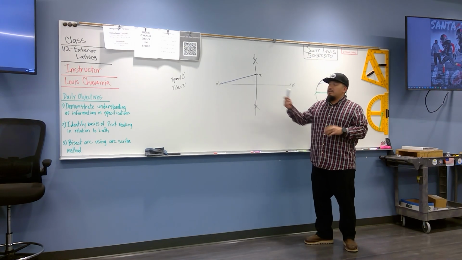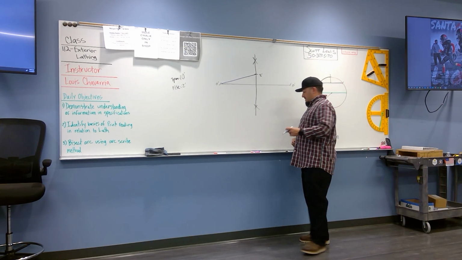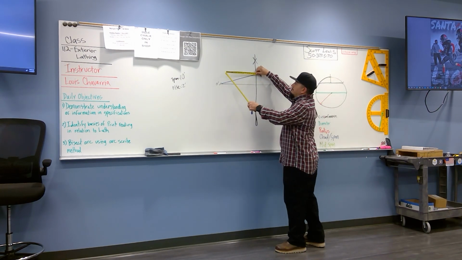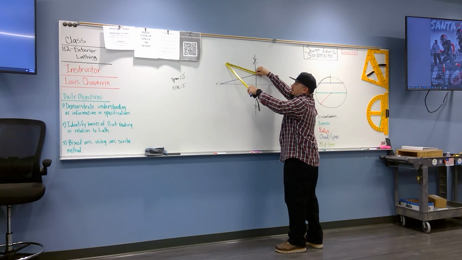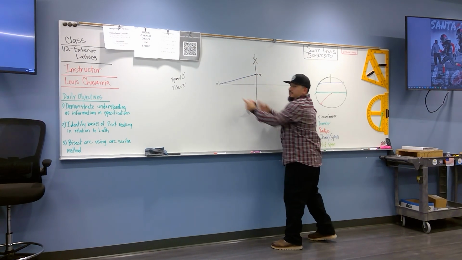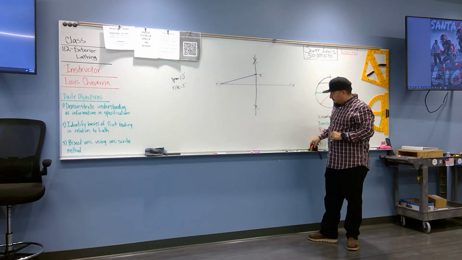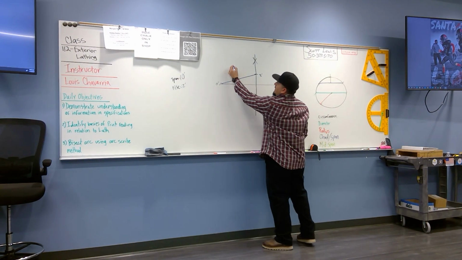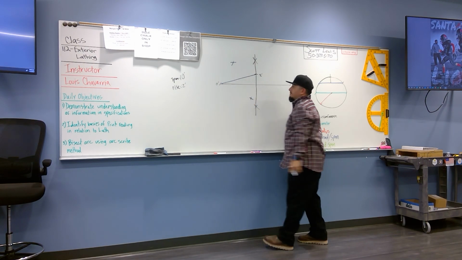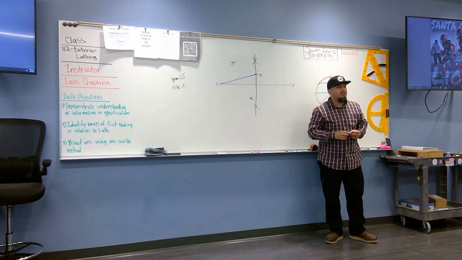So now once I have this line, I'm gonna do the same exact thing. I'm gonna hold my tape here and do the same thing. I'm gonna swing on top and on bottom of this span. I'll swing on top, on bottom. I'm gonna end up with the same marks.